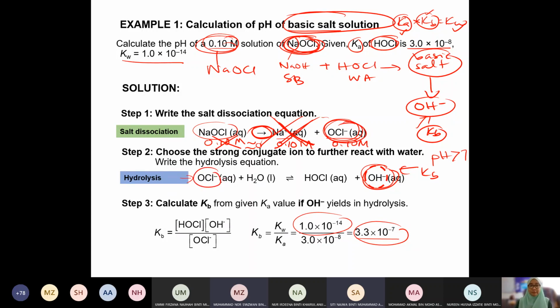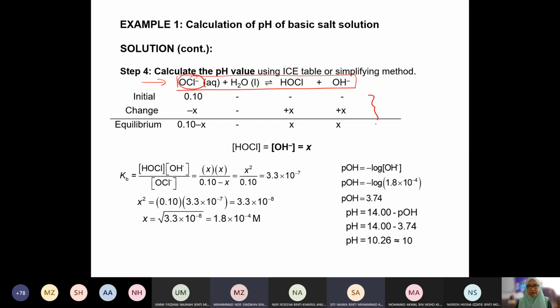Faham? Kita buatlah ice table, gerebak-gerebu, duduk. Kita nak cari this one ni. Sorry. What we want is this one. Okay, so bear in mind if you are calculating for OH minus, nanti you akan calculate for pOH, then only you calculate for pH. Okay, because kita ada OH, we have to calculate for pOH and then pH.